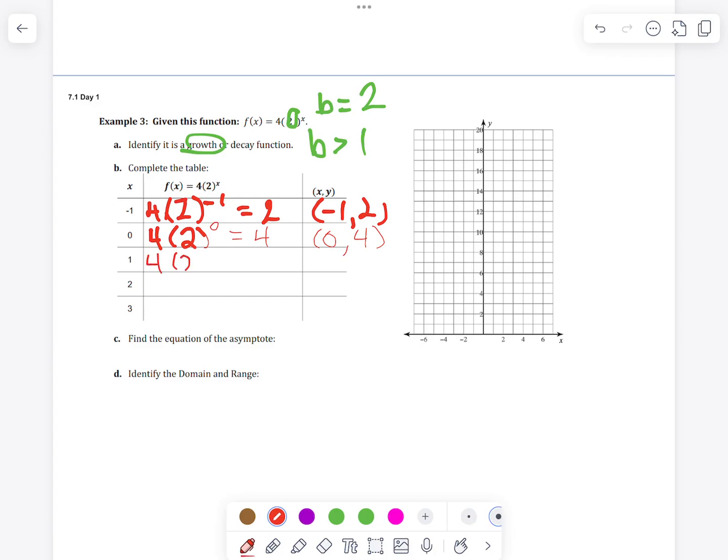Then we input 1 into the function, and we get 8. We input 2 into the function, we get 16. So notice what's happening, those numbers are doubling. Input 3 into the function.